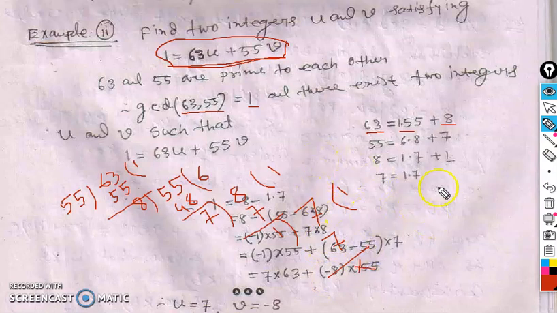So the GCD should be 1. The last non-zero remainder should be the GCD. So the GCD of 63 and 55 is 1.